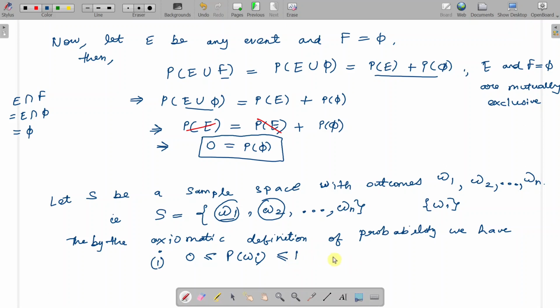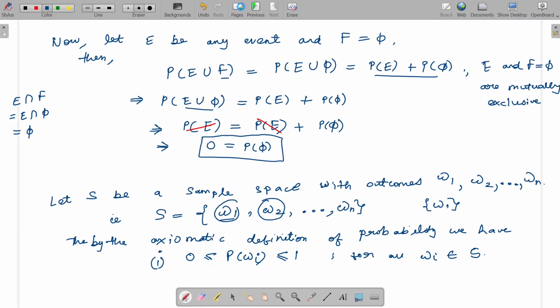So what is the statement here? The probability of any outcome omega i is always between 0 and 1. This is for all omega i belonging to the sample space. Okay, that is the first thing.